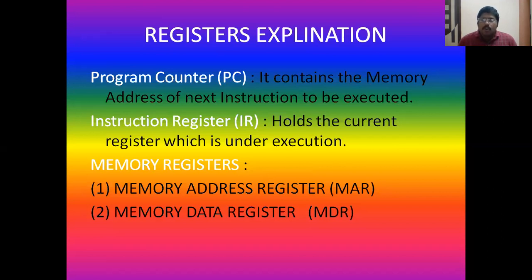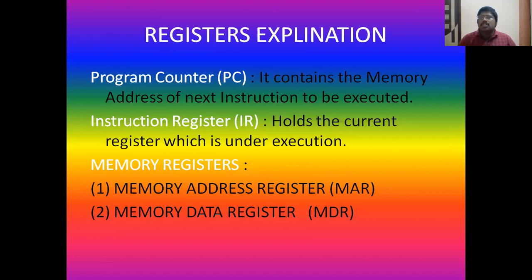Here also it is the same. Whenever an instruction is being executed, the program counter stores the address of the next instruction to be executed. It enhances the speed of operation, because the program counter gives the address to the ALU, so that the ALU takes the instruction from that memory location. That is the purpose of the program counter.